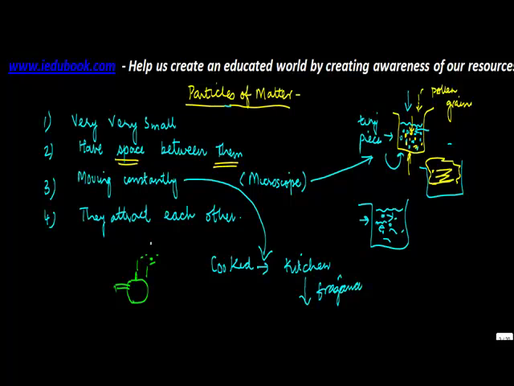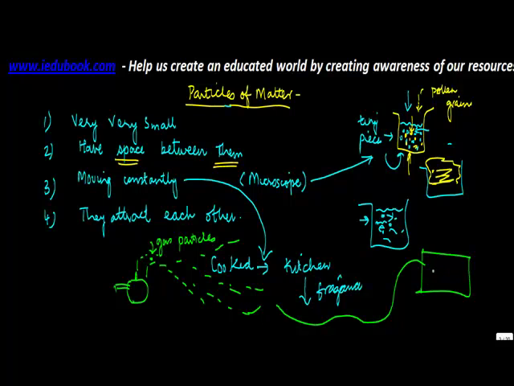Now these particles of gas which come out start moving in all directions. And therefore this fragrance comes and sits in the other part of the house, let's say the living room. So that is also a testimony to the fact that the particles of matter move constantly. Okay?